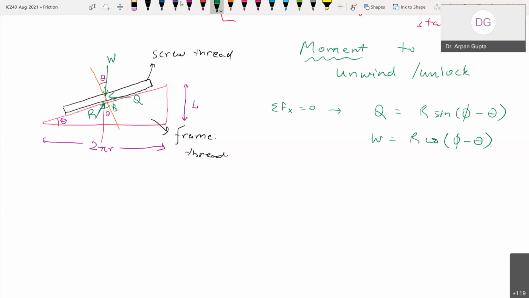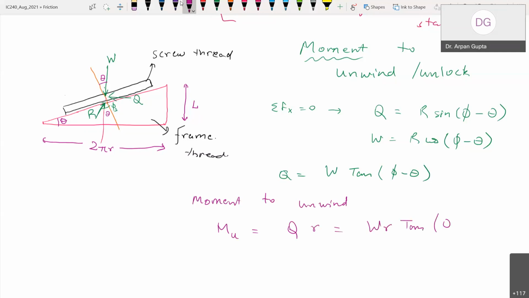And again, if I divide this, we get that Q is equal to W times tan of phi minus theta. And from here, you can calculate your moment to unwind. M unwind is equal to Q times R, which is equal to WR tan of phi minus theta.